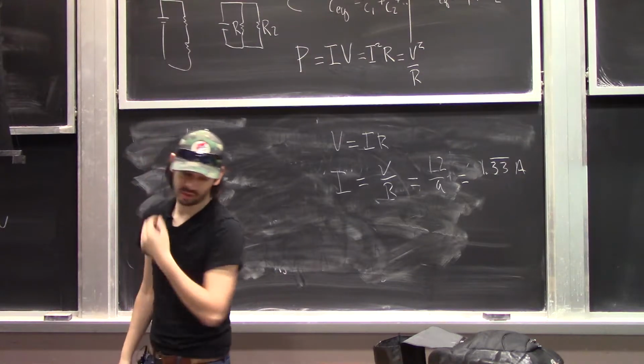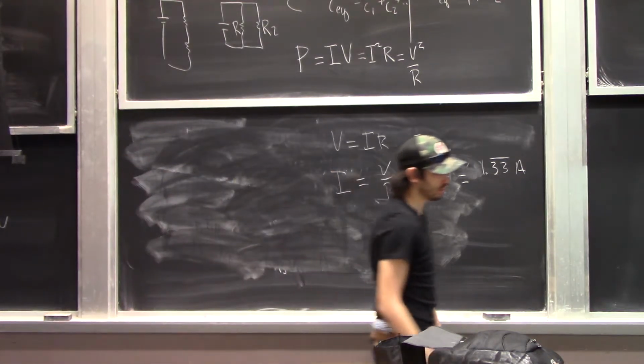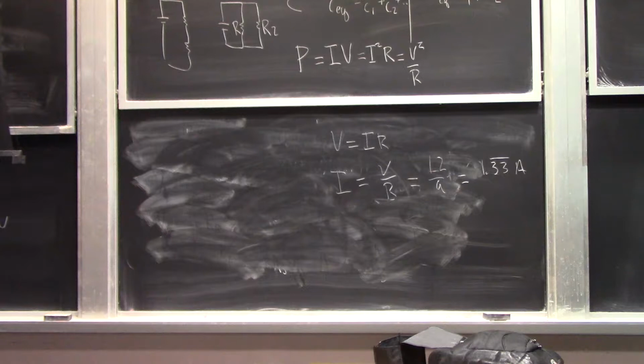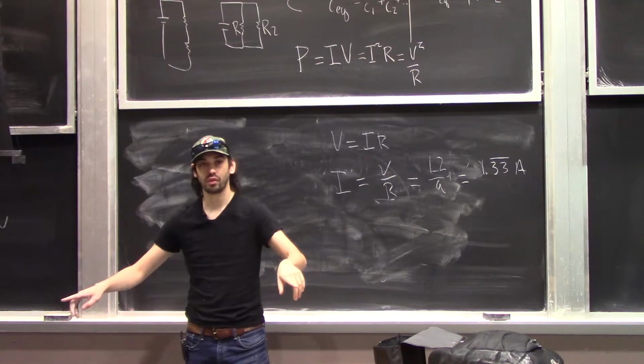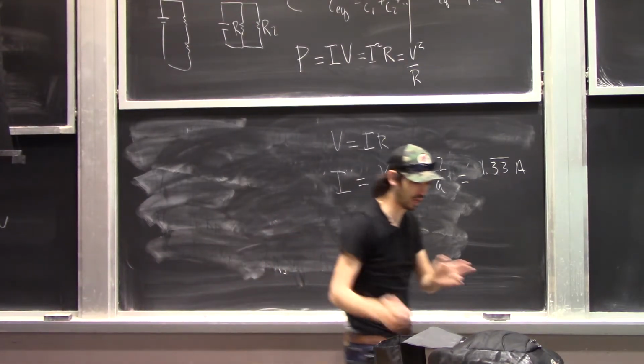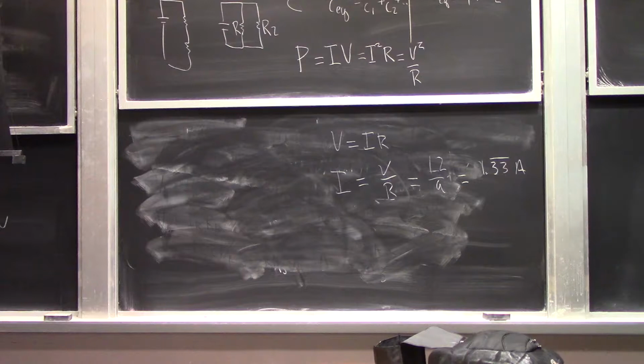The reason for this is that the current doesn't have a choice of where to go. The only thing that alters the current is when you have an opportunity for it to split, so some of it can go this way, some of it can go that way.